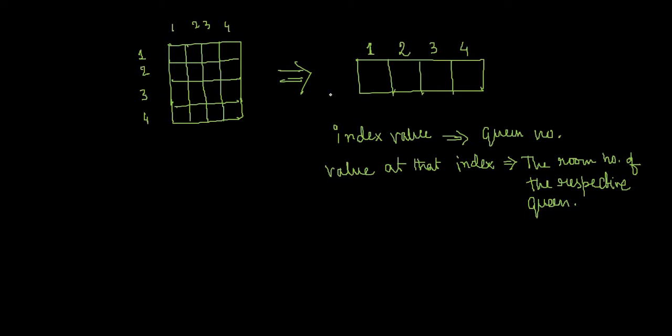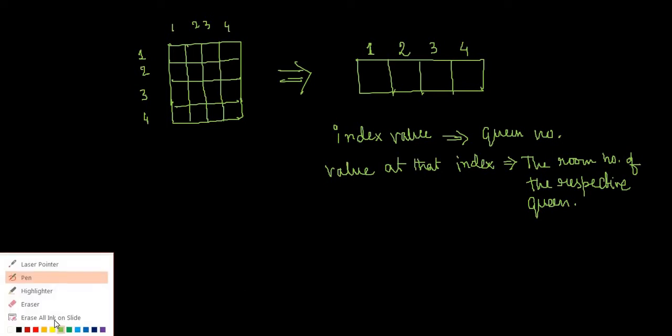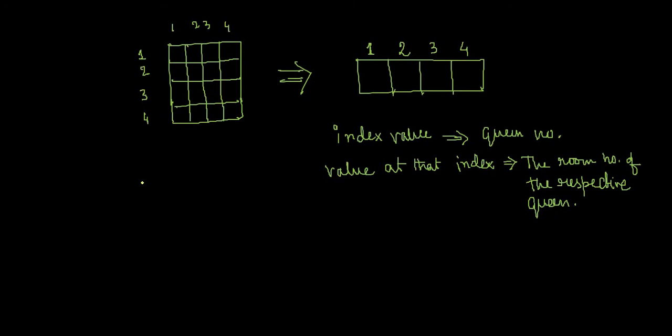Okay. So now the entire problem becomes a little bit easier to realize. Let's take a situation, a possible solution of this queen problem. You can keep queen 1 in the second column, then queen 2 can be placed here, queen 3 can be placed here, and queen 4 can be placed somewhere here.